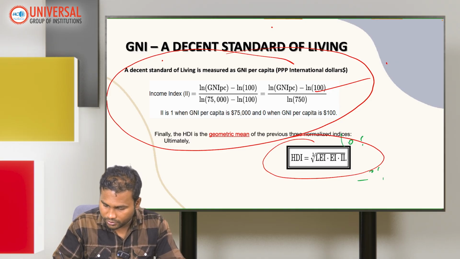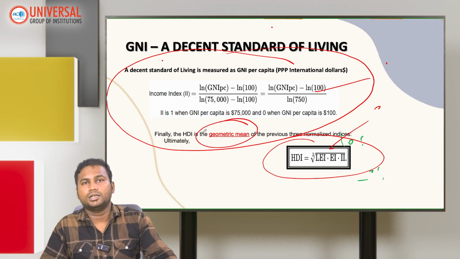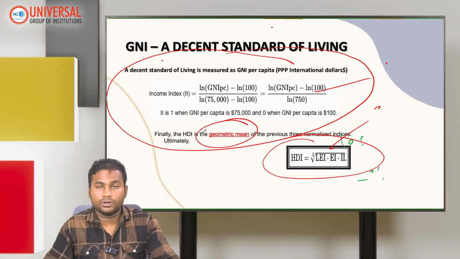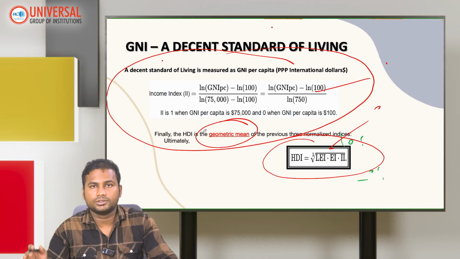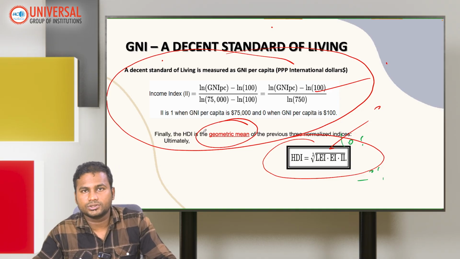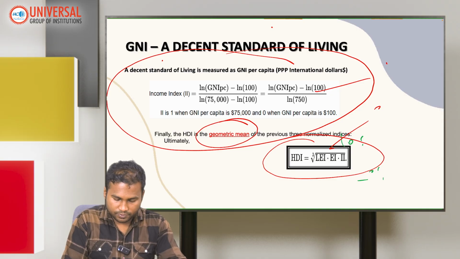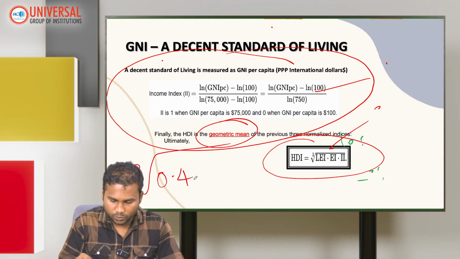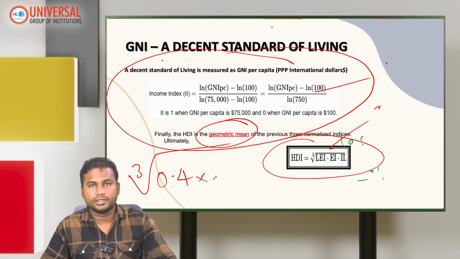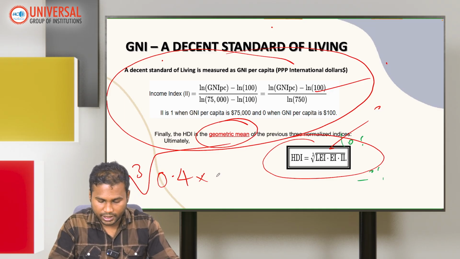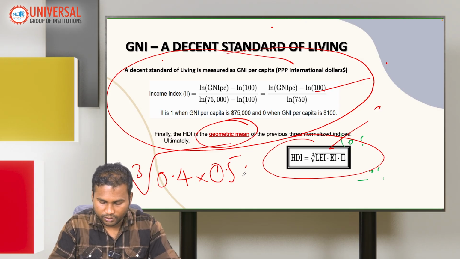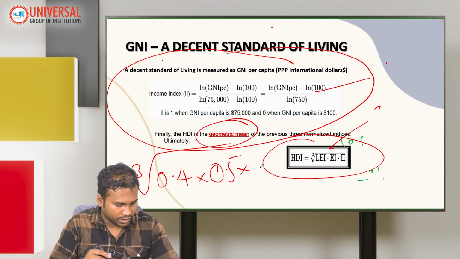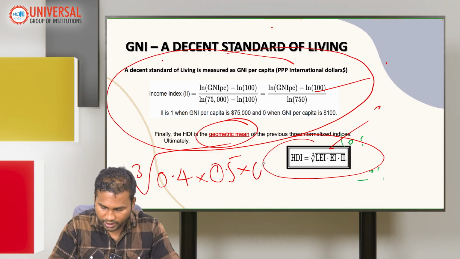Here we are using what kind of mean? Geometric mean. Geometric mean is highly used when you are calculating all the indicators or dimensions of HDI. So the cube root of, let's say, 0.4, which we talked about in the first index, life expectancy, then the second index, around 0.5, and the third index, around 0.54.